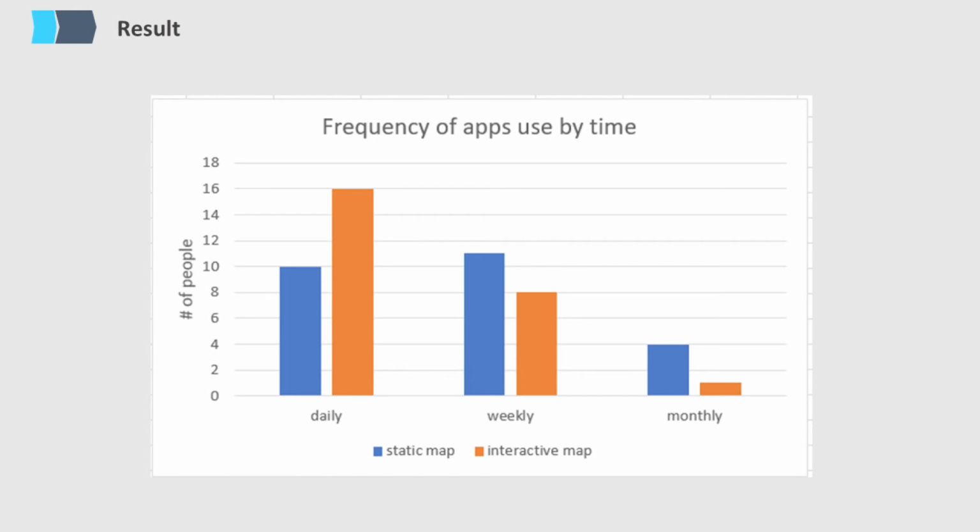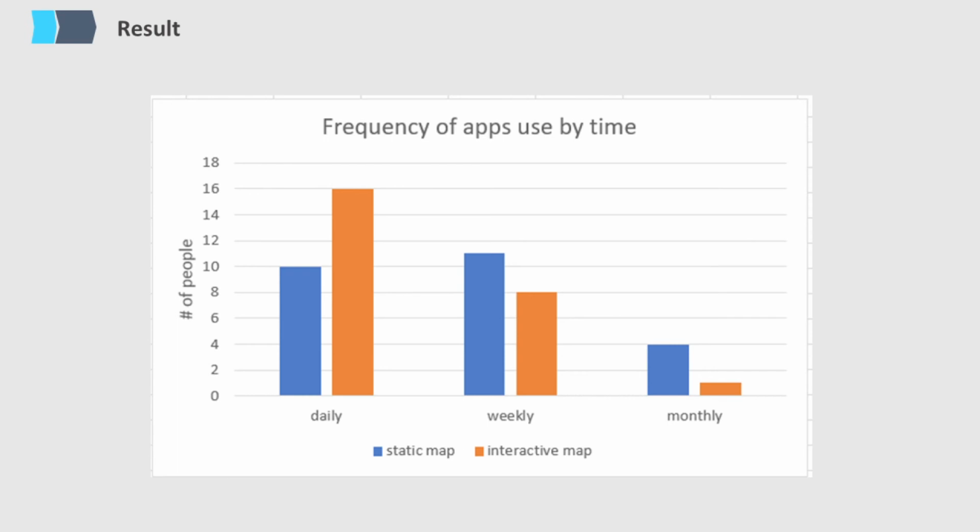The result is that from monitoring the frequency of app use over time, we can find interactive map users use it more frequently than static map users. It means more interactive map users develop habits of using it to help them make decisions and provide information, because a static map is only used for location surveys. So why does this happen?